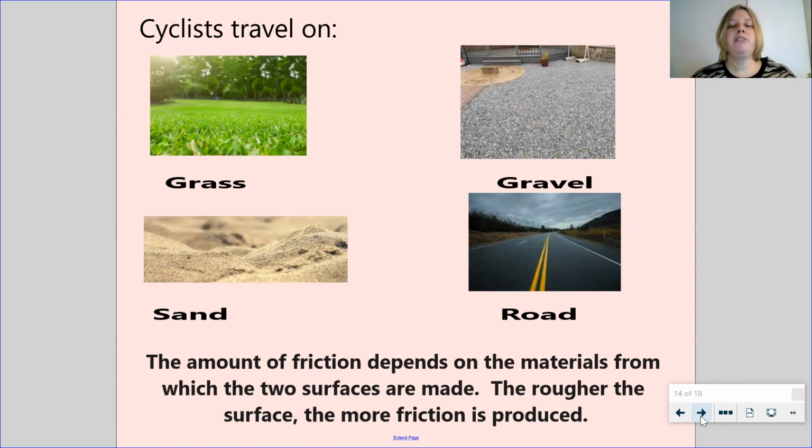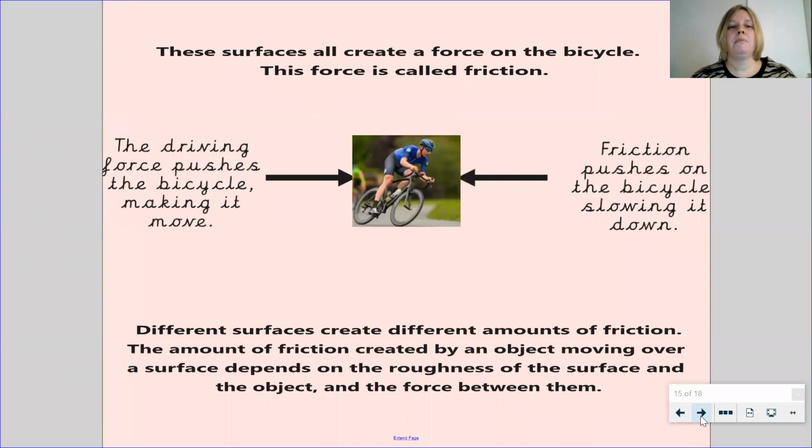If we were riding on the sand, it is a rough surface that would slow us down. If we were riding on the road or the pavement, they are both smooth surfaces, so we would speed up as we ride our bike.